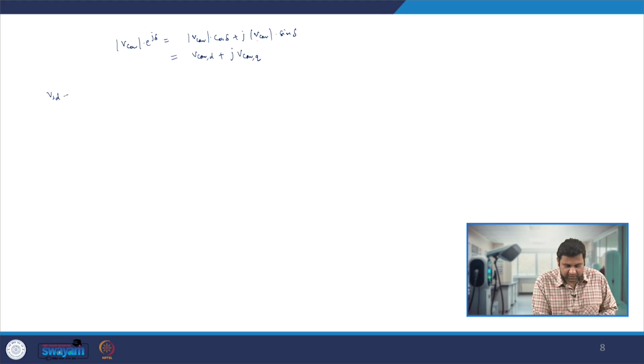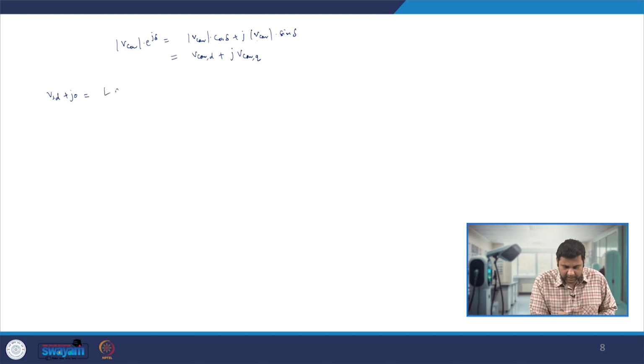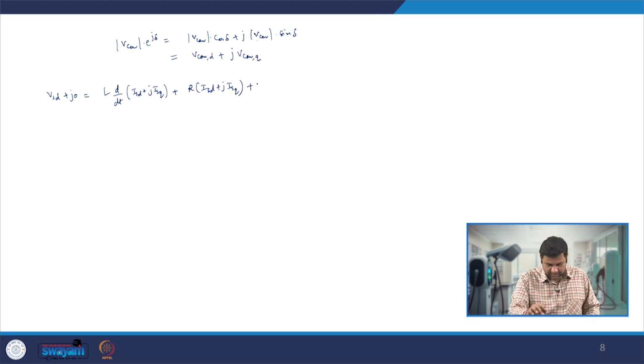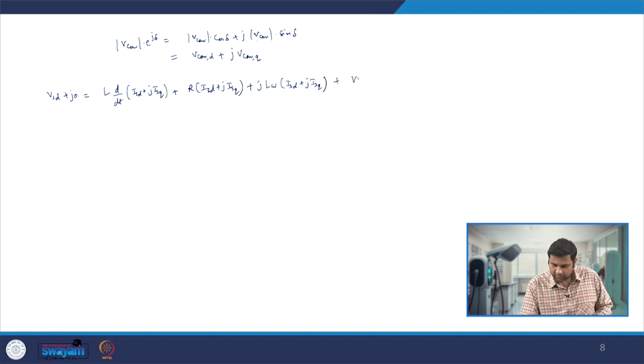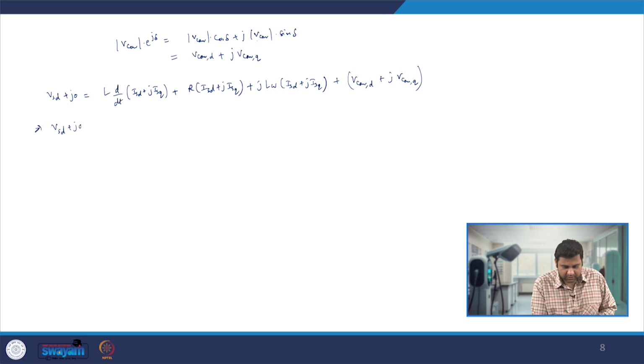So our left hand side will become Vsd plus j0, and right hand side will become L d by dt (Isd plus j Isq) plus R (Isd plus j Isq) plus this term j L omega (Isd plus j Isq), and our this one is V converter D plus j V converter Q. Then we can write Vsd plus j0 equals L di by dt Isd plus j L di by dt Isq plus R Isd plus j R Isq.